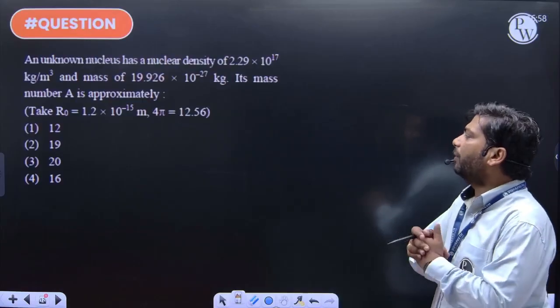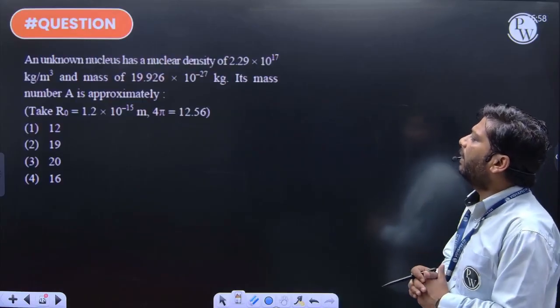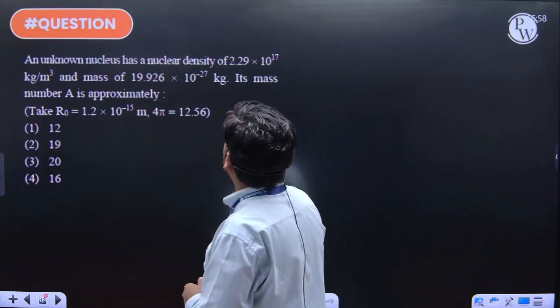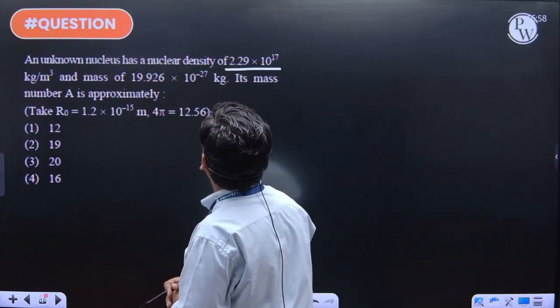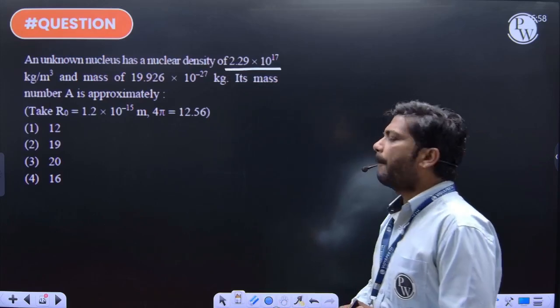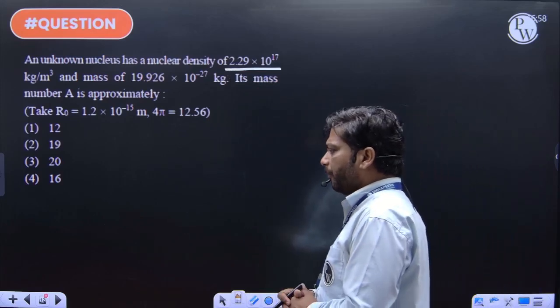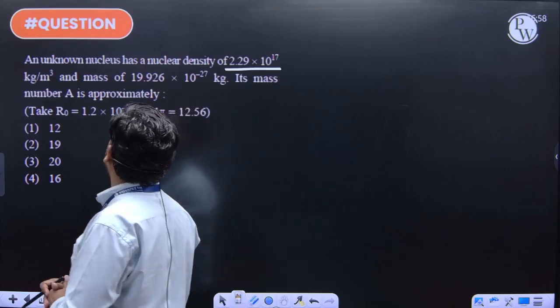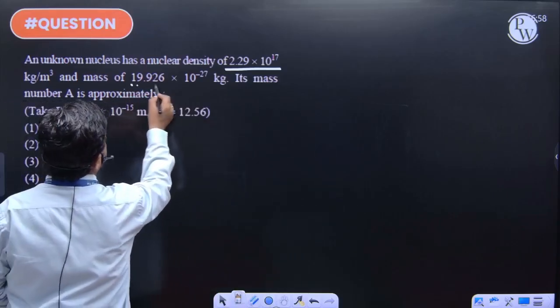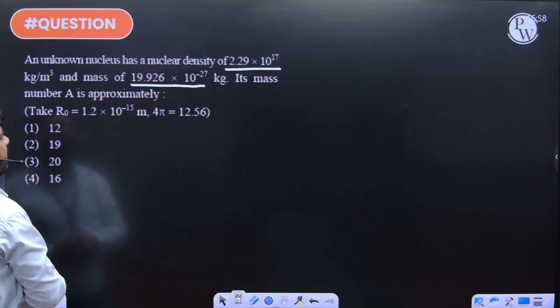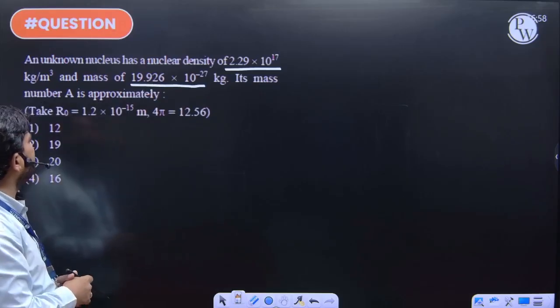An unknown nucleus has a nuclear density of 2.29 into 10 to the power 17 kg per meter cube and mass of 19.926 into 10 to the power minus 27 kg. Its mass number A is approximately?